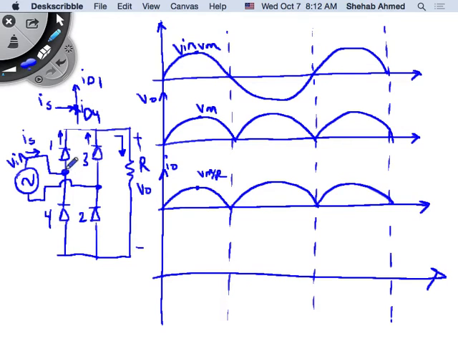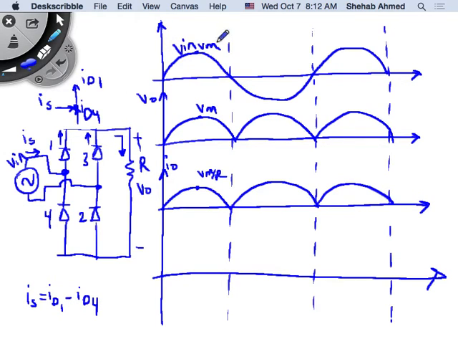So IS plus ID4 is equal to ID1, or IS is equal to ID1 minus ID4. So for me to find IS, I need to find ID1 and ID4.